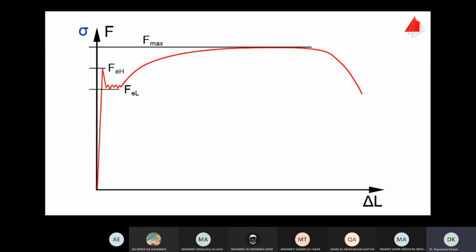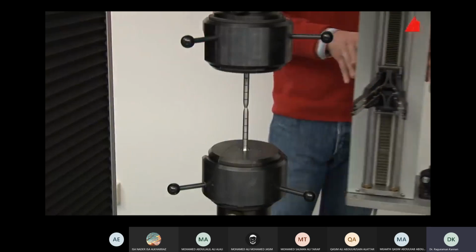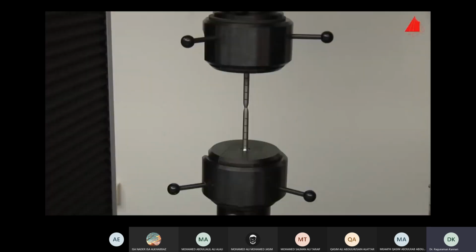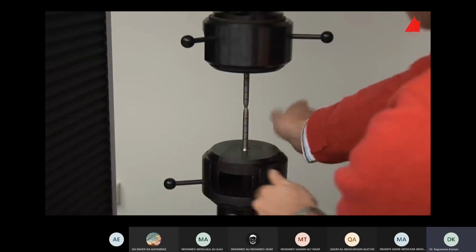The upper yield strength REH is calculated by dividing the force FEH by the original cross-sectional area S0. The lower yield strength REL is defined in a similar way. The maximum force divided by the original cross-sectional area is called tensile strength Rm. In the last step, the tester swings the extensometer back into its resting position and removes the broken test piece.